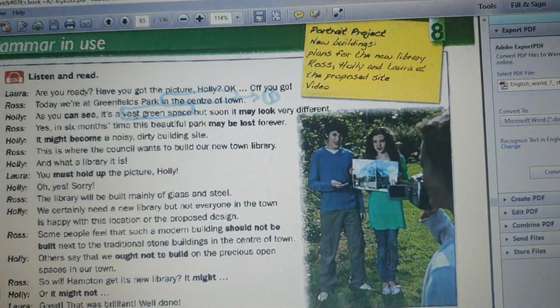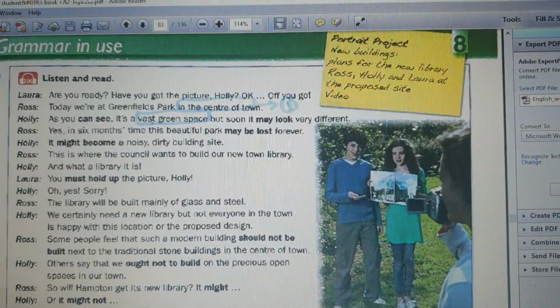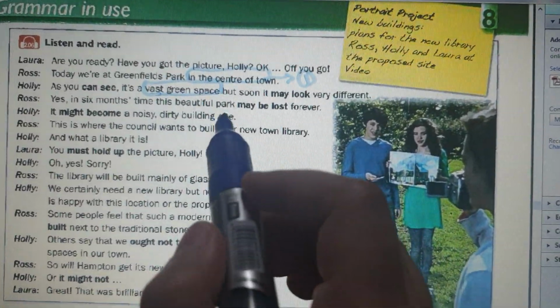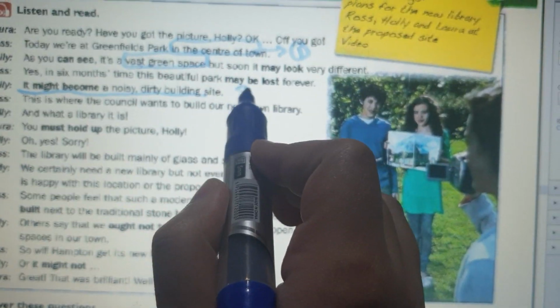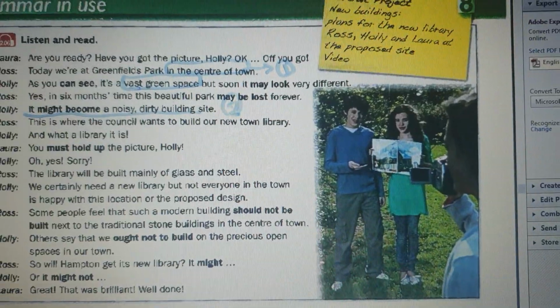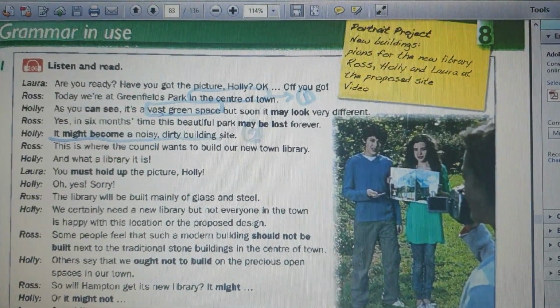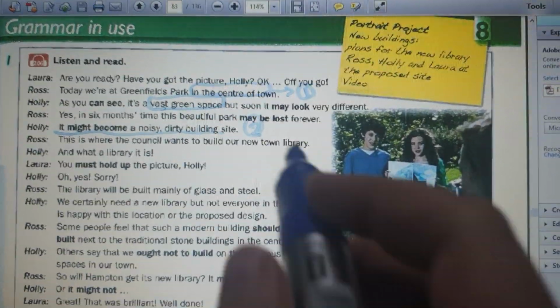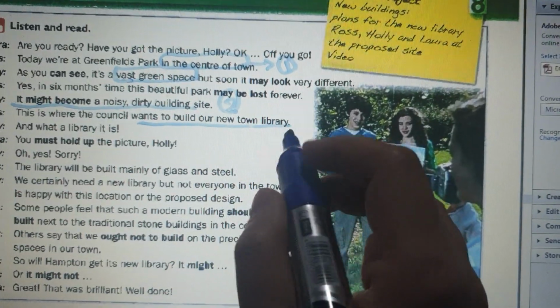Question number 2, what might happen to the park? It might become a noisy building site. Number 3, what does the council want to build there? They want to build a new town library.